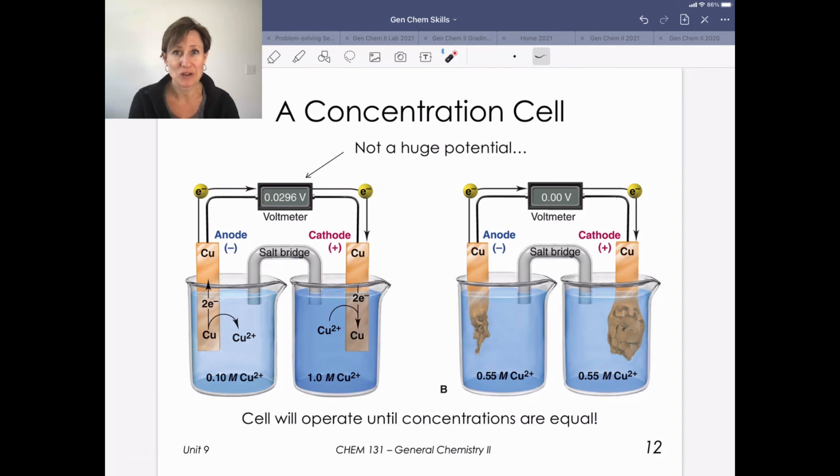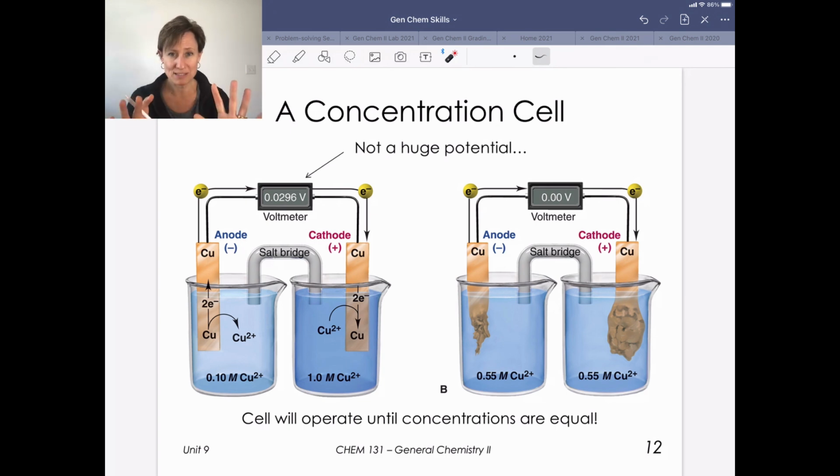So what happens when we have this? The picture here gives us an indication of what's going on, because copper ions in solution are blue. Look over here, we've got a low concentration of copper ions, so this is a lighter blue. And then we've got a darker blue over here, a higher concentration of copper.